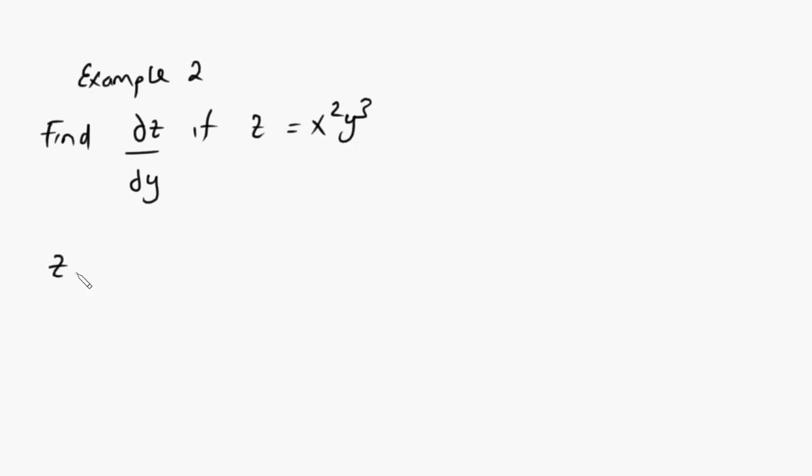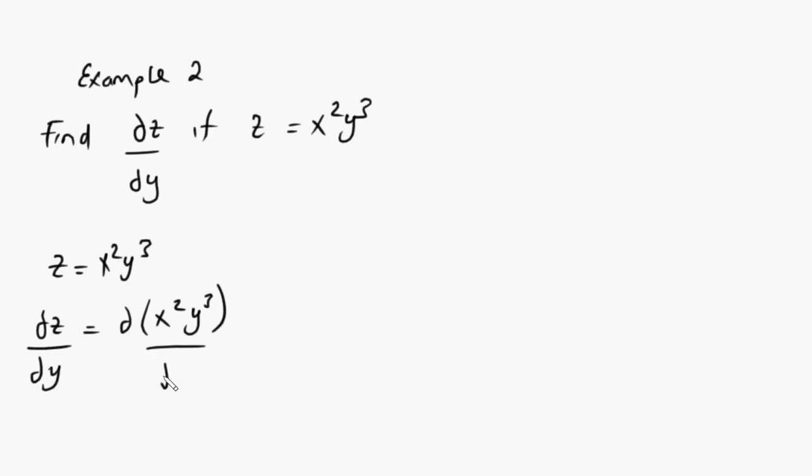So now from z equals x squared y cube, partial derivative sasa of z with respect to y, manake na huku ni hiyo x squared y cube. So I differentiate with respect to y partial derivative, so x is kept constant. Kama x is kept constant, manake itatoka nje, okay? So nakumbuka constant inatoka nje.